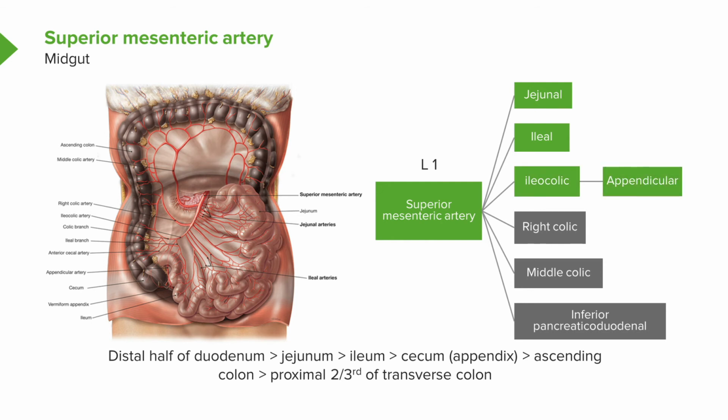We then have a right colic artery and a middle colic artery, and these will give branches to the marginal artery. This runs along the inside, paralleling mostly the transverse colon, and then it drifts down, as we'll see, for the inferior mesenteric artery into the descending colon. And we've got the inferior pancreatico-duodenal that we've spoken about.